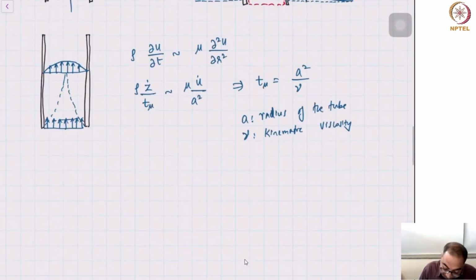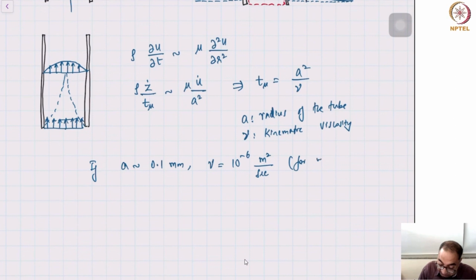So for example, you can take a typical number: if A is 0.1 mm, and if you use water as a fluid, then kinematic viscosity for water would be 10 to the power minus 6 meter squared per second. This is for water.